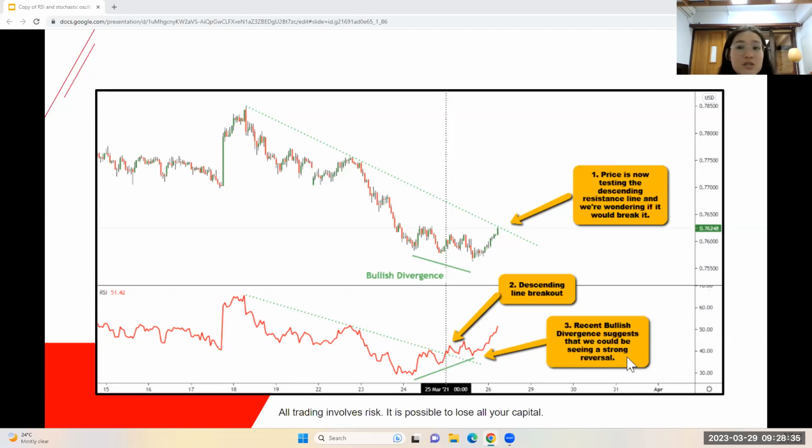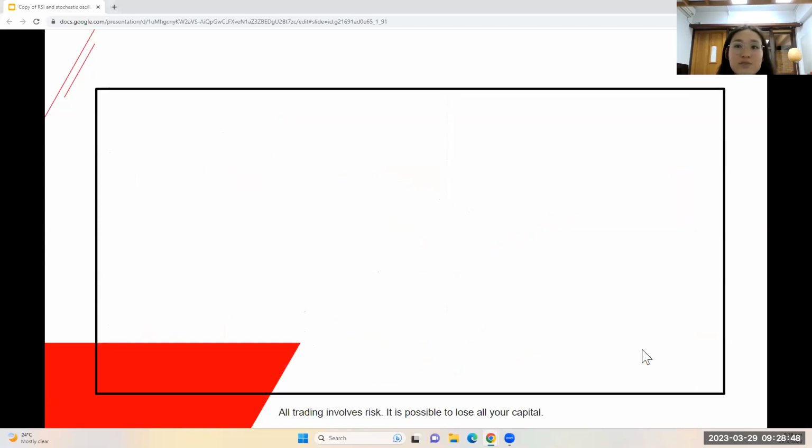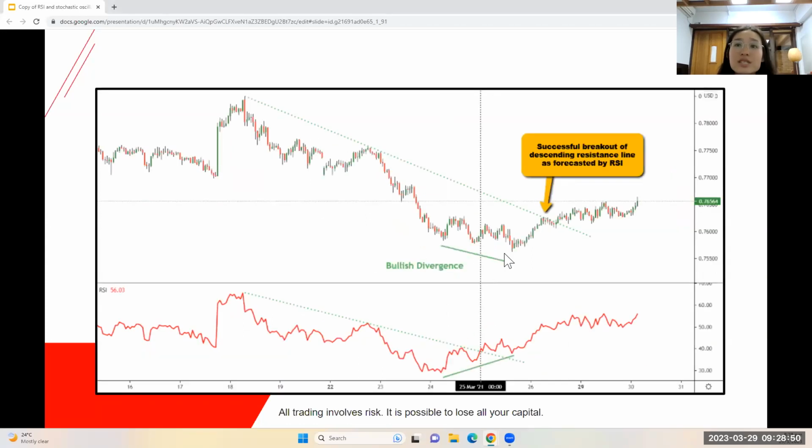And number 3, recent bullish divergence suggests that we could be seeing a strong reversal. Once you have all of these points that line up nicely, then you have confluence that your analysis is pretty accurate. And true enough, this is exactly how it broke out of our descending resistance line as we forecasted in our RSI.